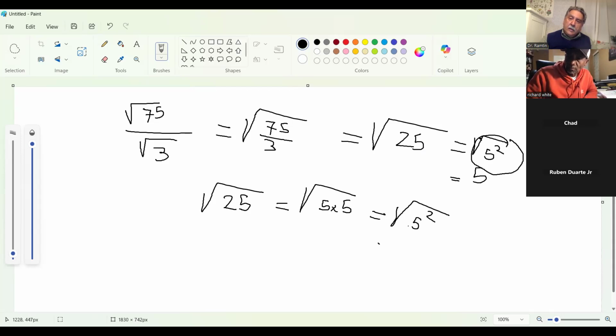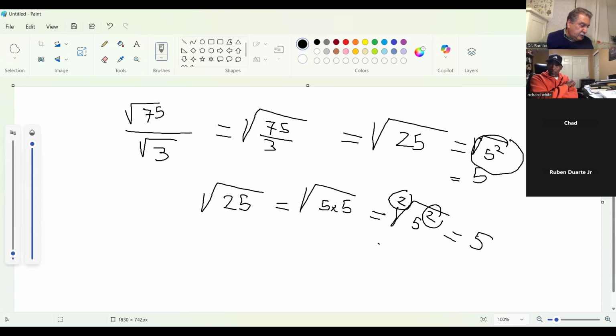Now, this here is not written, but this is 2 also. So we divide this by this number. 2 by 2 is 1. So this is the same as 5 to the power of 1, or 5. Okay, I see. I was missing that 2 that you just put in there. Sure.